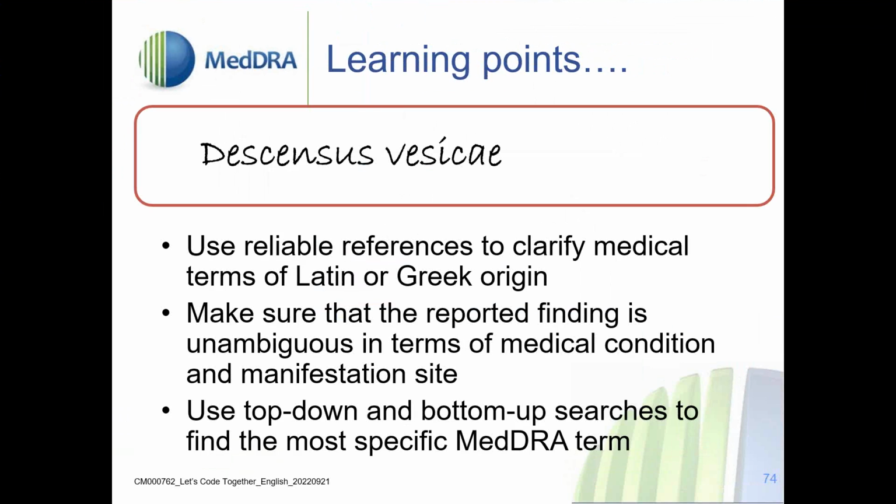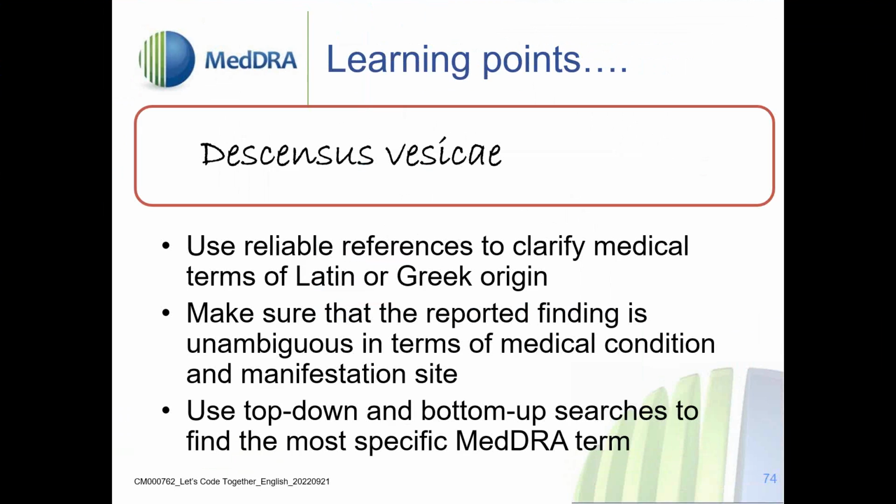Our learning points here are that medical conditions may be reported with medical terms which are derived from Latin and Greek. You may have received such reports as well in your coding environment. In such cases, refer to medical dictionaries for clarification if you are not familiar with the terminology. And when confronted with such verbatims, make sure that the wording describing the condition and manifestation site is unambiguous.